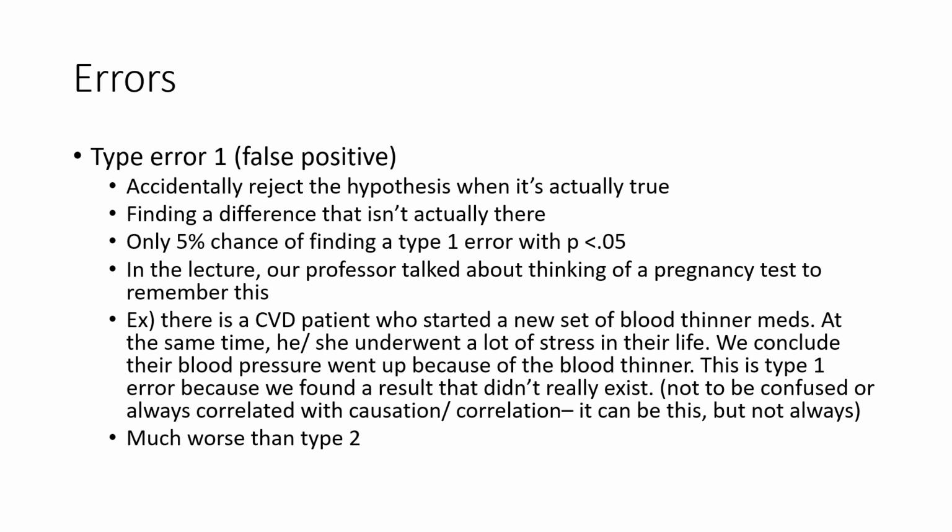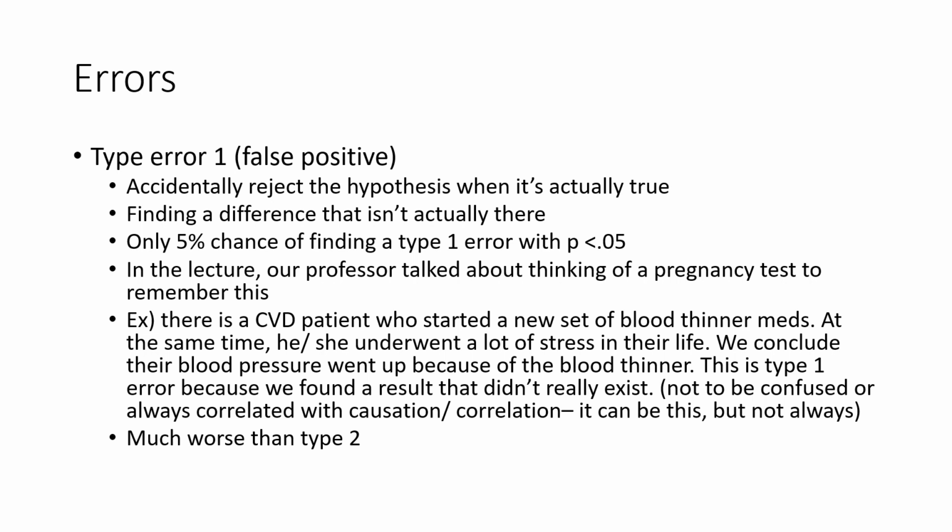Okay, here's an example I came up with. I don't know why I'm doing a ton of medical things today, but here we are. Let's say there's a heart disease patient who starts a new set of blood thinner meds. At the same time, they underwent a lot of stress in their life, so we conclude that their blood pressure went up because of the blood thinner.